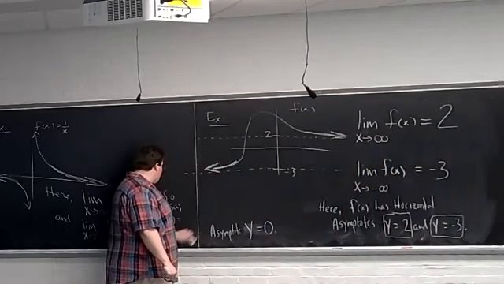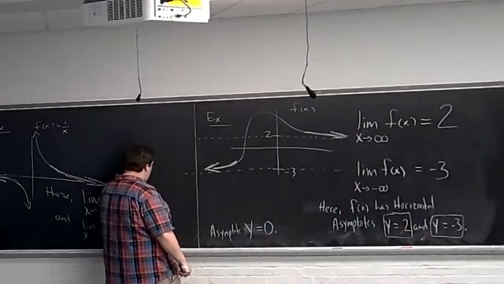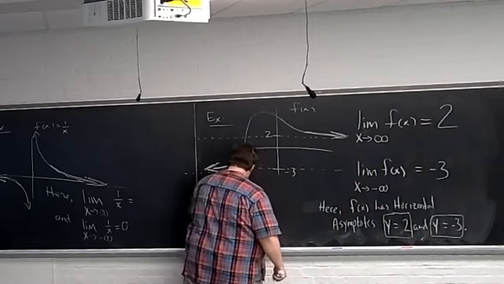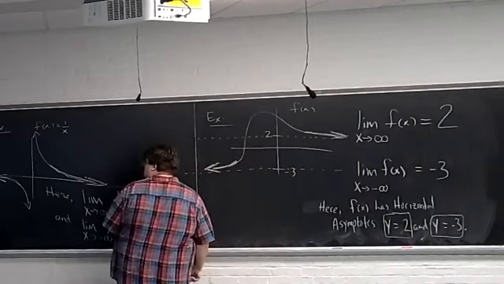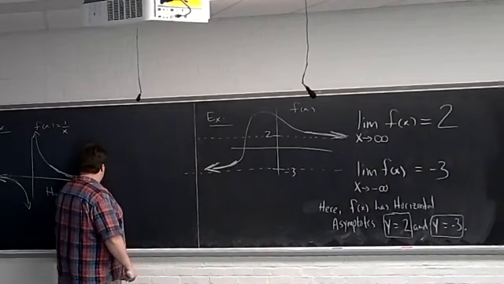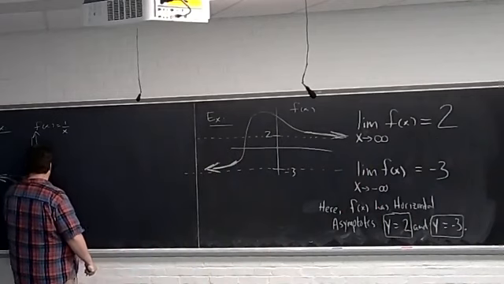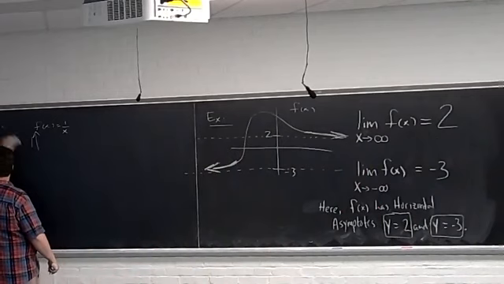Notice we could arrive at a horizontal asymptote in the positive direction or by looking at the negative direction. Any questions about that?